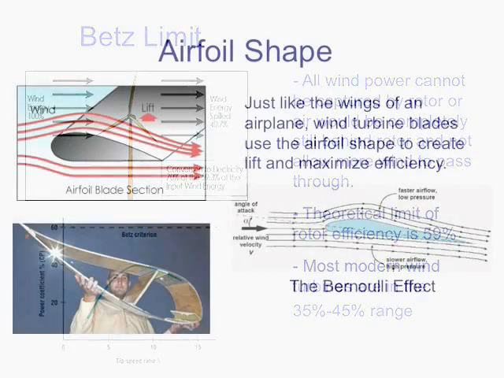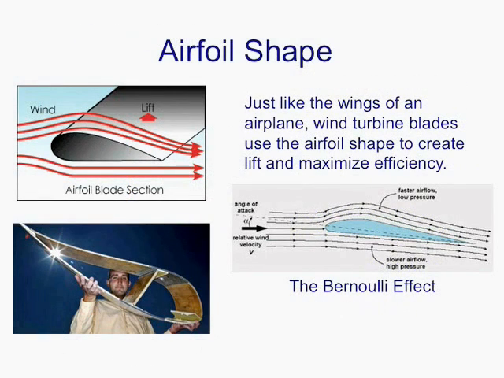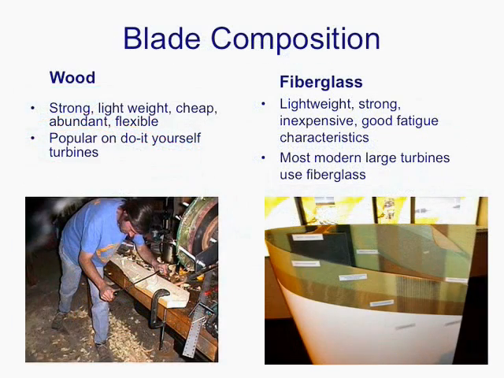The blades themselves, in order to maximize the amount of energy that they capture, tend to be shaped in an airfoil, very much like the wing of an airplane. This produces a lift effect and helps them turn faster. So what are the blades made of? Well, you might think that they're made out of aluminum, like an airplane, but you'd be wrong.